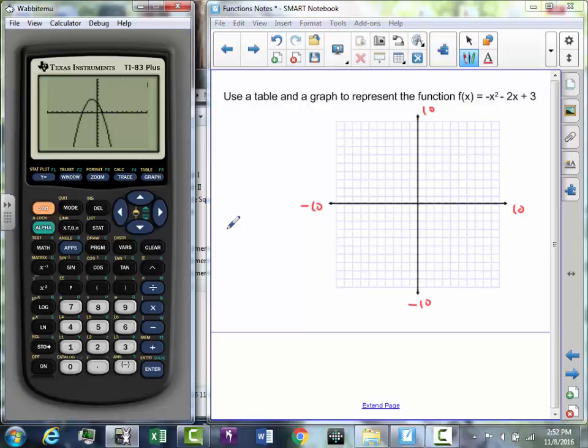What's weird about this graph? Upside down. Anyone want to hazard a guess as to why this graph is upside down? What change did we make to put it upside down?